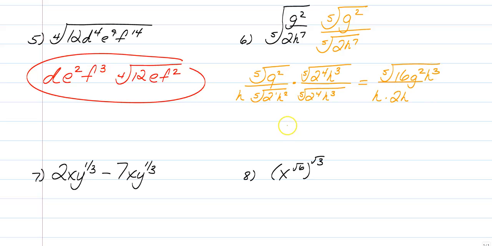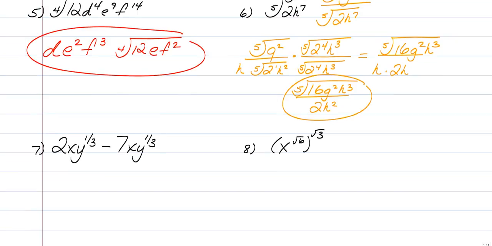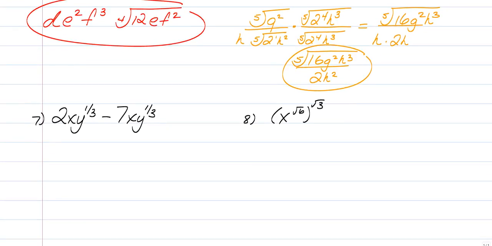And again, we would just write our final answer a little bit nicer. So our final answer would be the fifth root of 16 g squared h cubed all over 2h squared. And that's it.